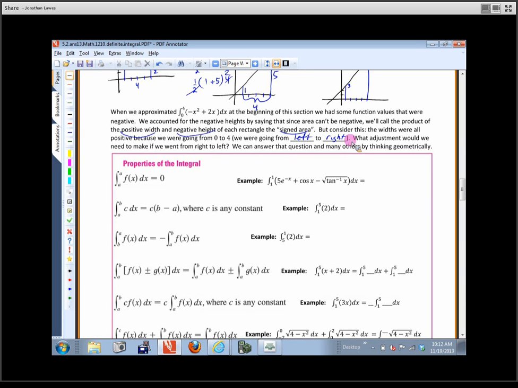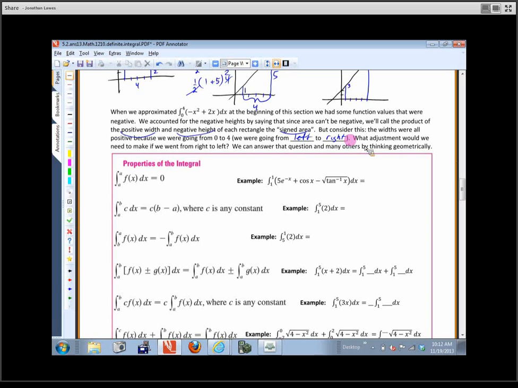Each one of those delta x's, because we're going to move to the left, in a negative direction, each one of those delta x's would be negative. So we'd have negative widths in every case. So if you've got negative widths, because you're going from right to left, moving in a negative direction, what would that make the product of a negative width and a height that's below, a function value that's below the x-axis? Positive. It would make it positive, wouldn't it? And anything above, you'd have a negative width and a positive height, so anything above would count as negative.